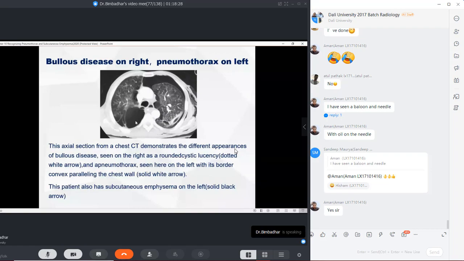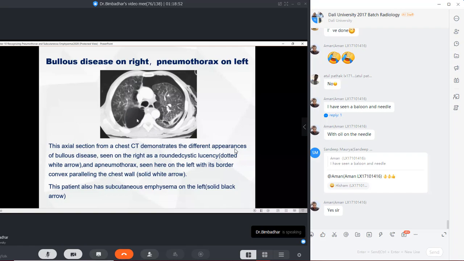It is completely hyperlucent. You don't call it radiolucent, okay? You call it hyperlucent, appearing much blacker than the grayish areas. We can see a rounded hyperlucent area inside the right upper lobe.